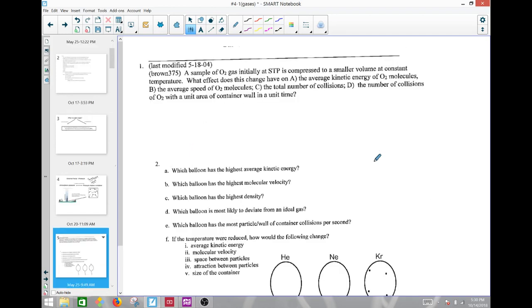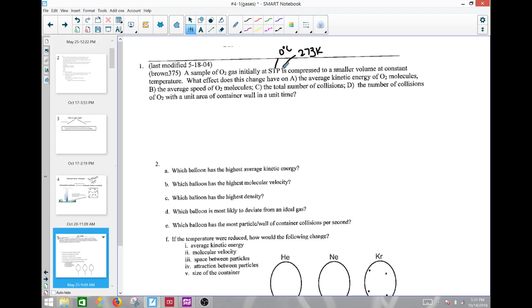All right, so here are some examples of questions. We'll add on some notes as we go along to make sure we can answer them. A sample of gas, O2, is initially at STP. Make sure you understand STP in this area is going to be 0 degrees Celsius, or 273 Kelvin, and that's the same thing.